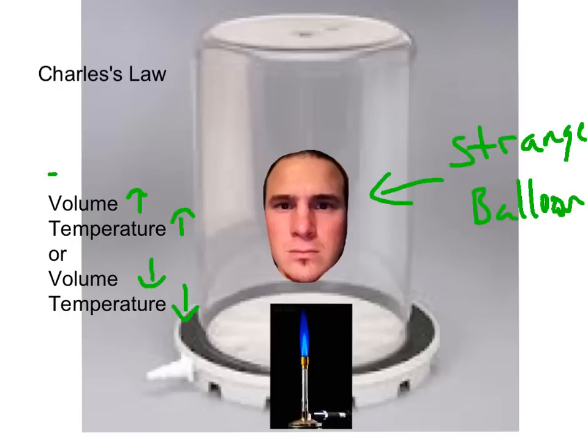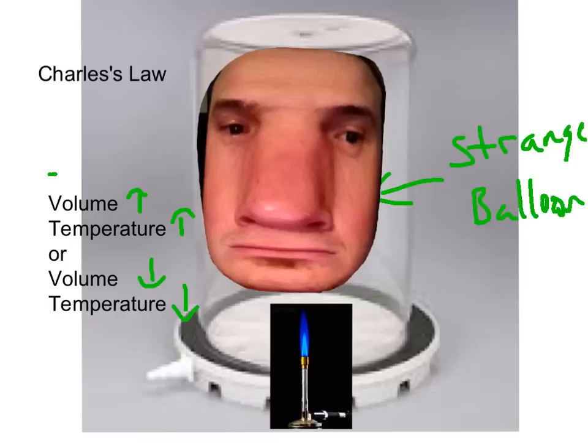So if we increase the temperature, the particles are going to move faster, and they're going to push on the container at a greater force, and that's going to expand the volume. If it's not in a closed container, as temperature increases, those particles also move faster and spread apart too. So if we increase our temperature here, then again I increase the volume of the strange looking balloon.